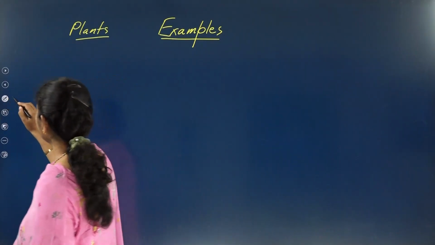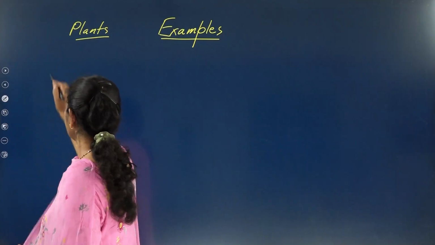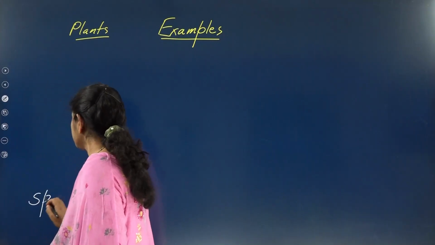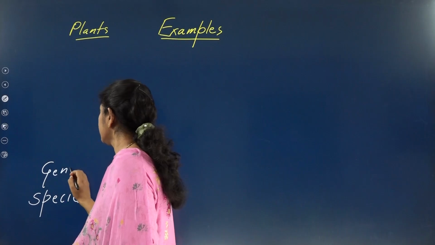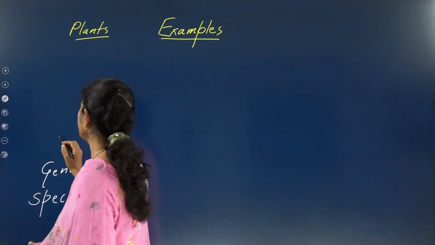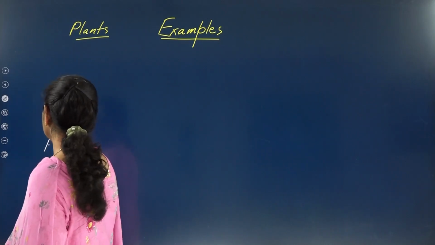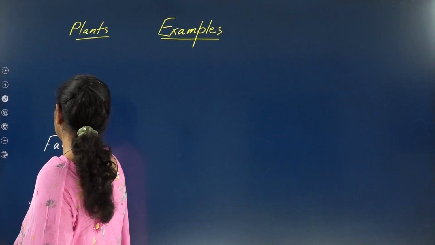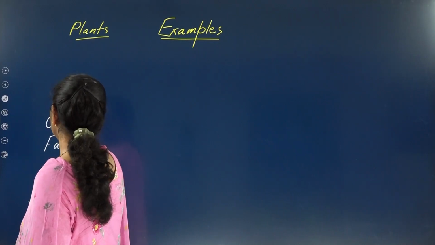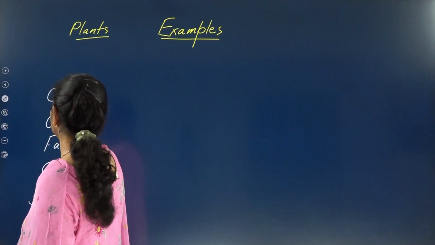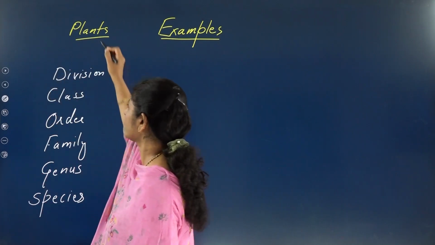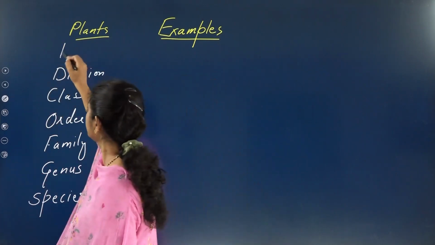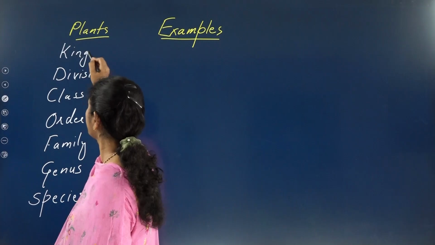Let me take first, I am starting from the species, then genus, then family, then order, then class, division. Why am I using the word division? Because I am talking about the plants. And last, they have the kingdom.